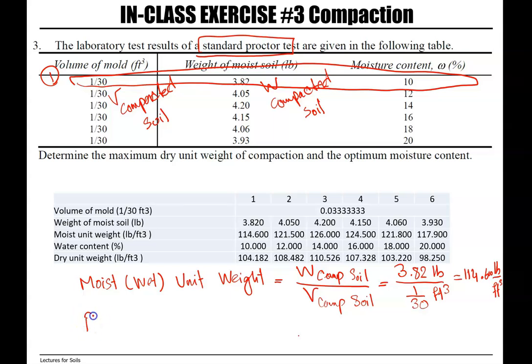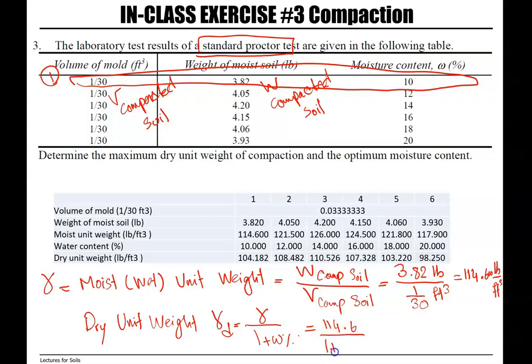Then we need to calculate dry unit weight. Gamma D, which is equal to gamma divided by 1 plus water content. So it's going to be 114.6 divided by 1 plus moisture content is 10% or 0.1.